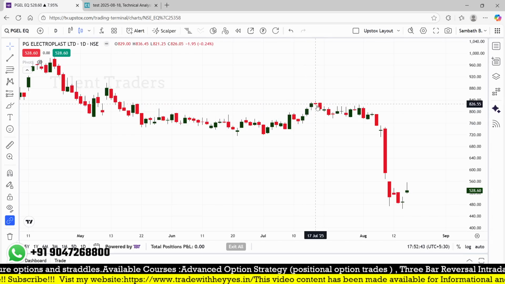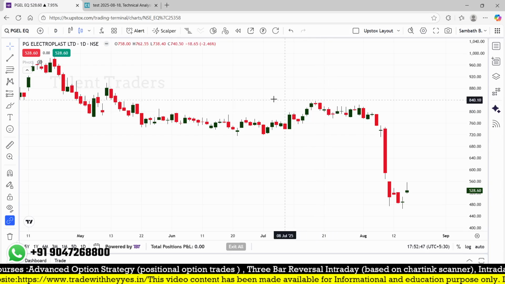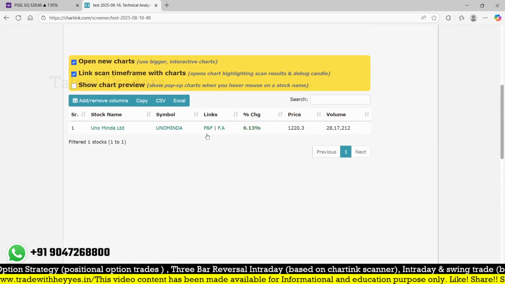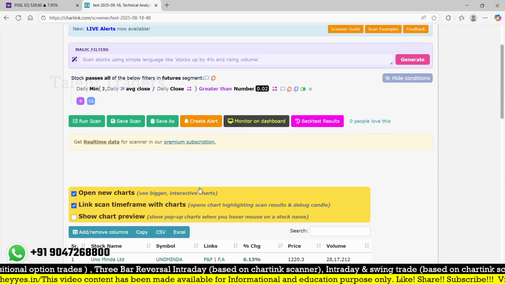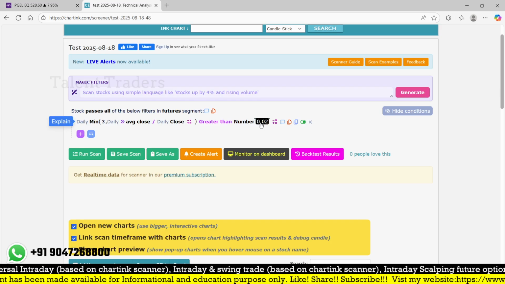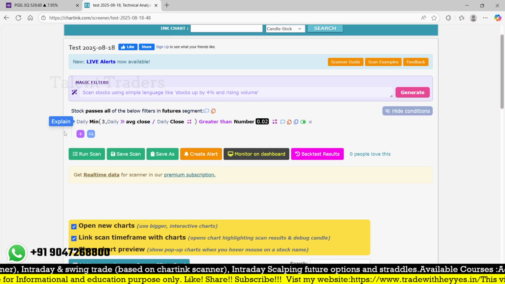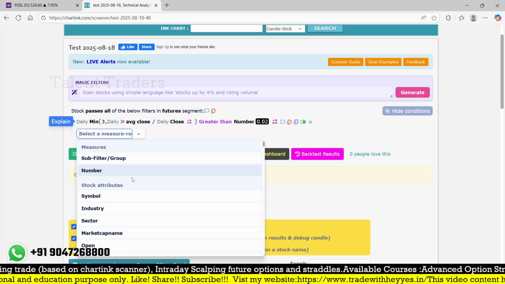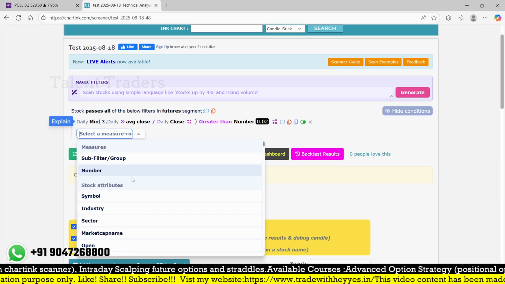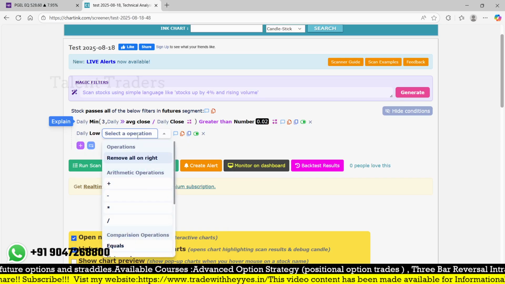One, two, three, and this is almost the highest level, and there is also a reversal which is happening. Okay, so this code will help you to find out a consecutive upside or downside in a particular stock. So I'm just going to create one more logic here. If that particular day, for example the low, this will help you find this pattern at the lowest level.